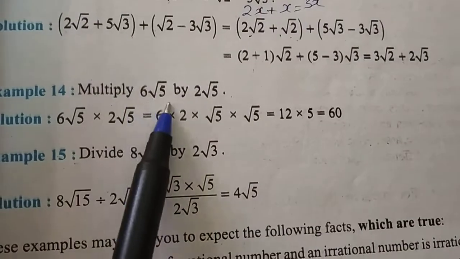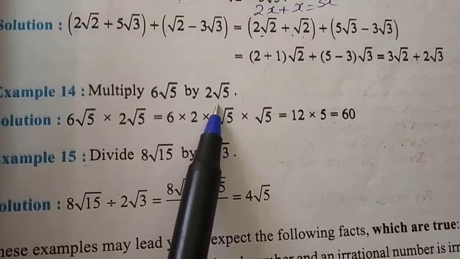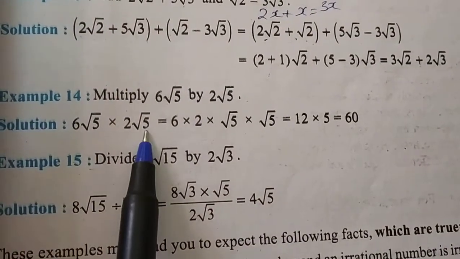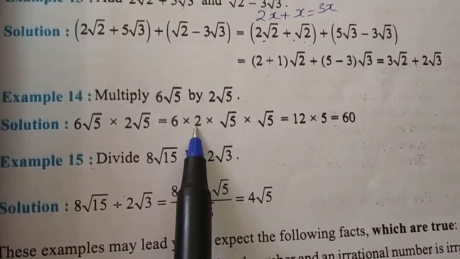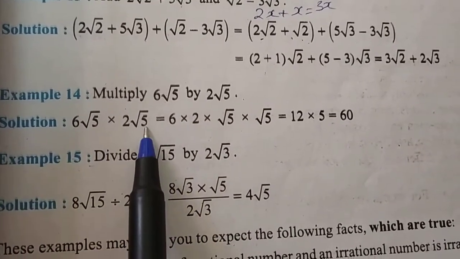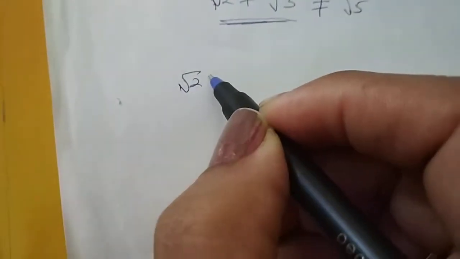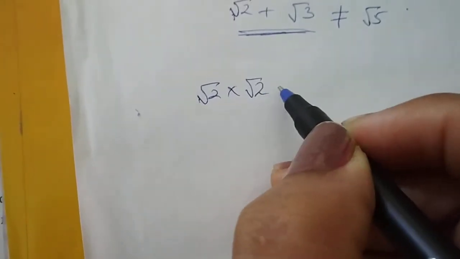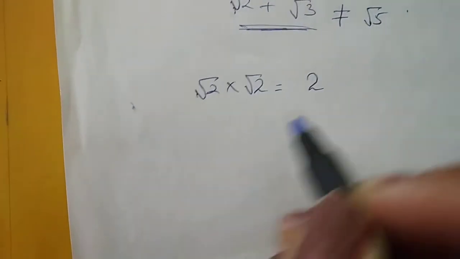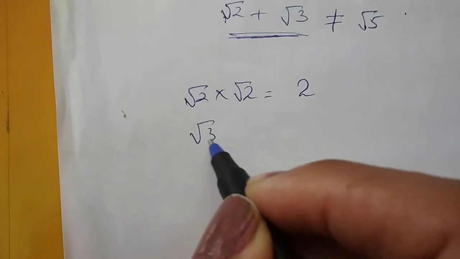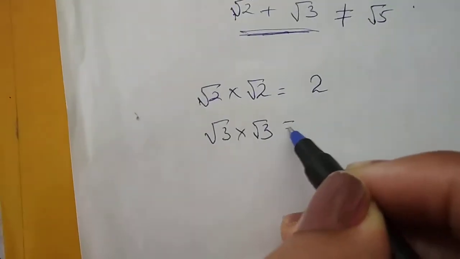Now example 14: multiply 6 root 5 by 2 root 5. So 6 root 5 into 2 root 5. 6 twos are 12. Root 5 into root 5, what do you know about it? Whenever we multiply any square root number with the same square root number, it becomes a perfect square number. Root 3 into root 3 is 3.